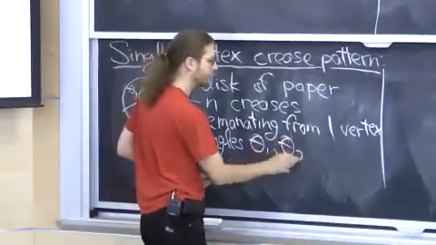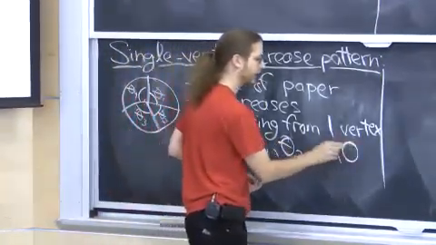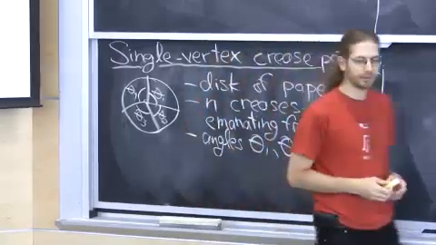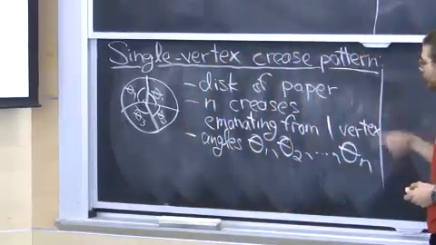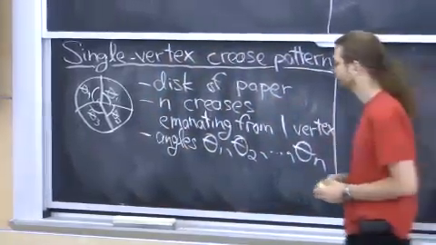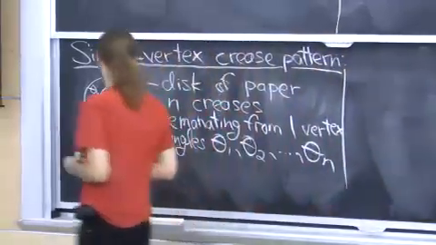In general, theta 1 up to theta n. If there are n creases, there will be n angles between them, say in clockwise order.